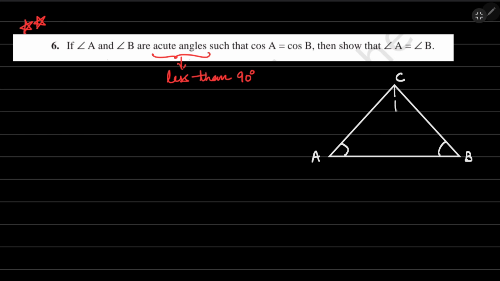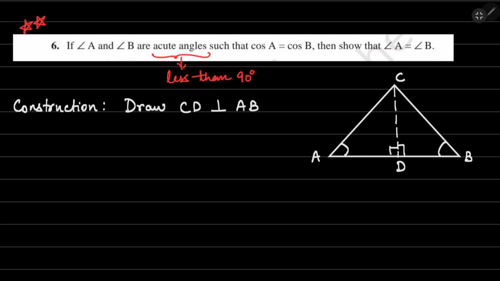Draw a perpendicular from C onto your AB side. Okay, so here the very first thing that you have to do is construction. Draw CD perpendicular to the side AB.